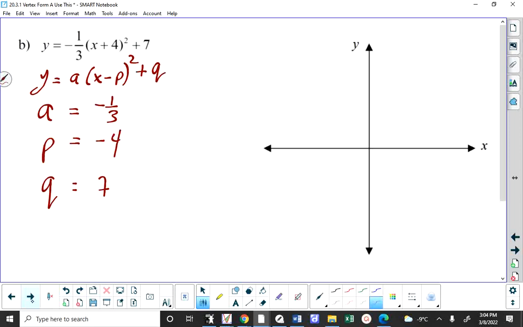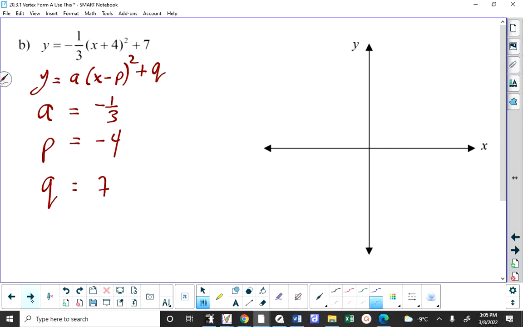So this is the thing you have to get used to. P is the opposite of the number you see with x, because x minus negative 4 will give you x plus 4. Lucas, will this open up or down? Down. Why? Because a is negative. Will it be taller than x squared or shorter than x squared? Actually shorter.